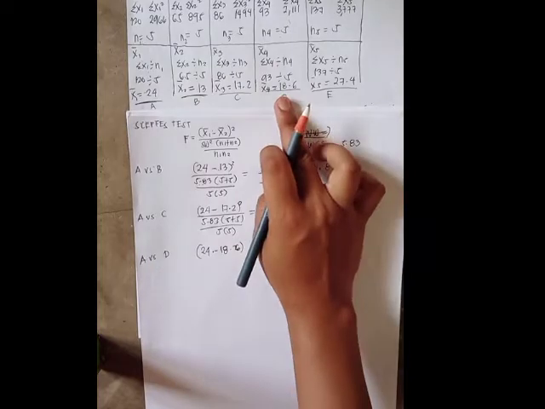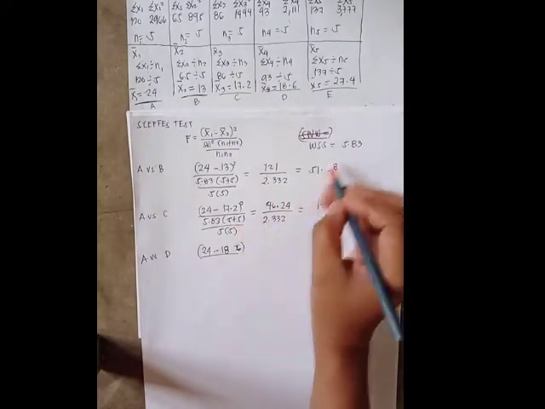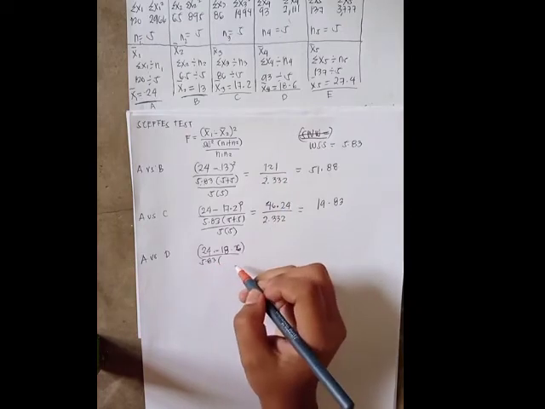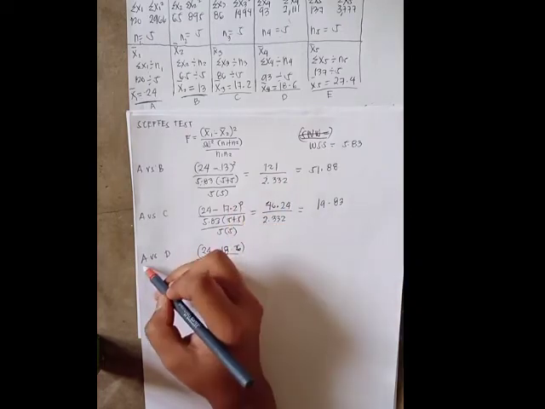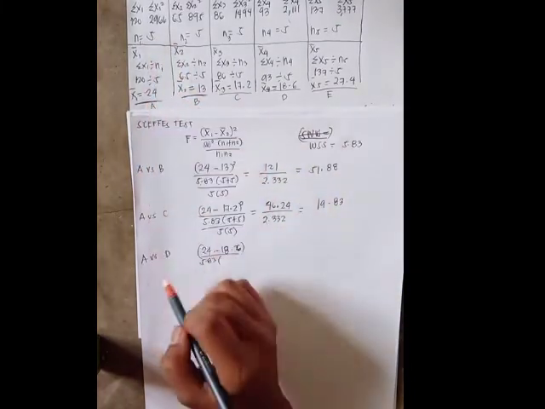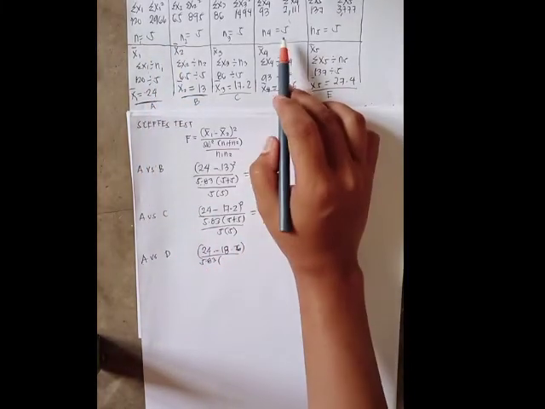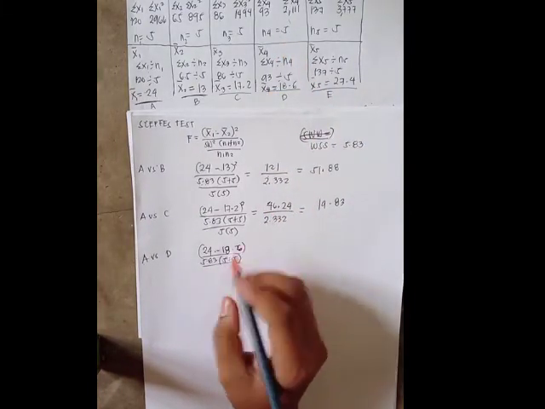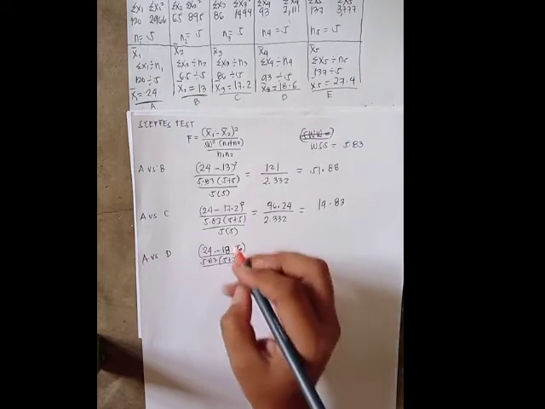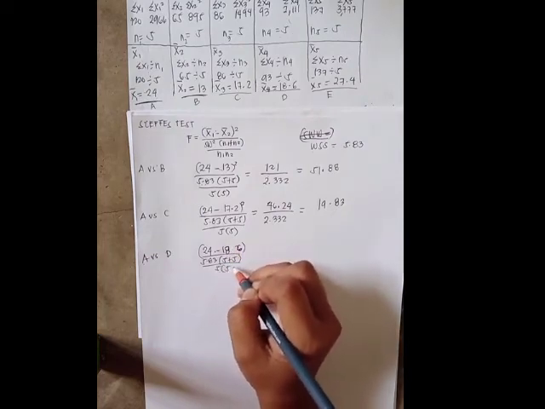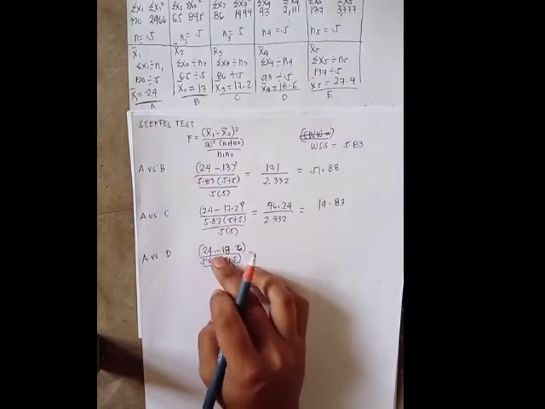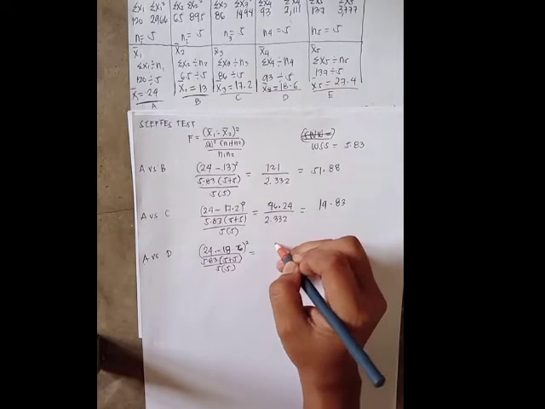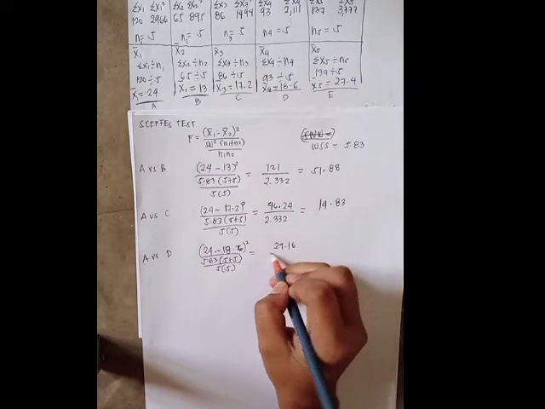So 24 minus 18.6 squared, divided by our within sum square of 5.83 times our AN 5 plus DN 5, divided by 5 times 5. 24 minus 18.6 squared is 29.16.